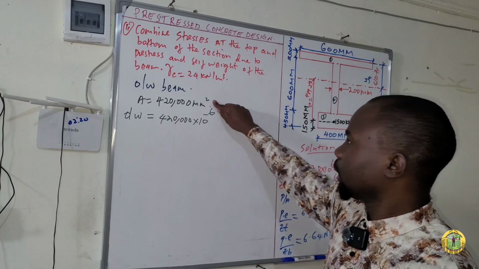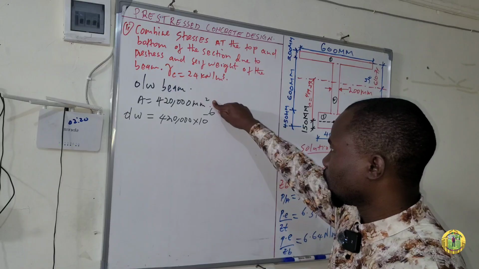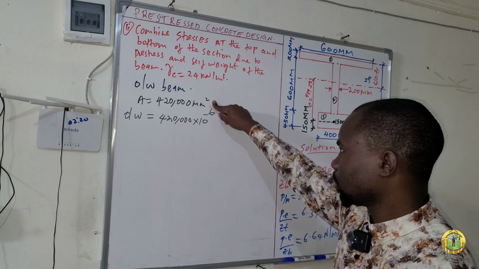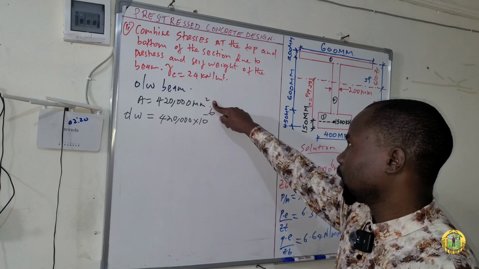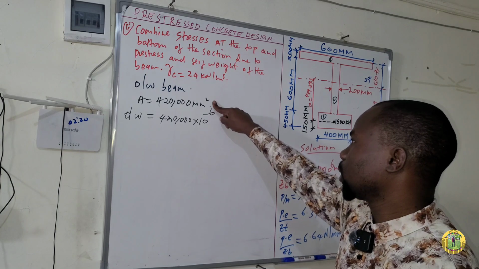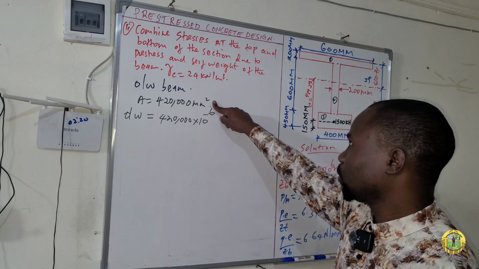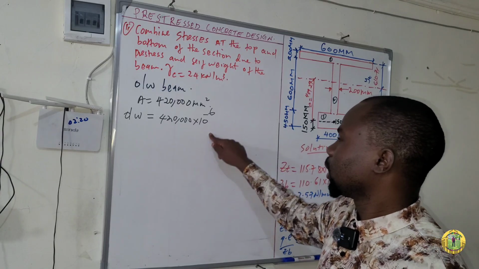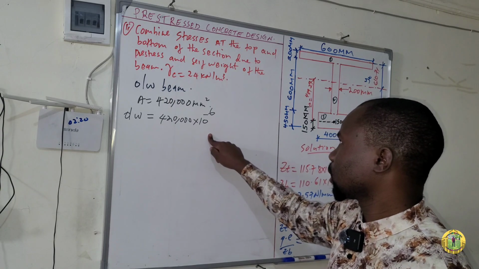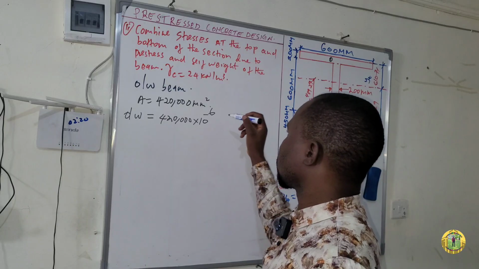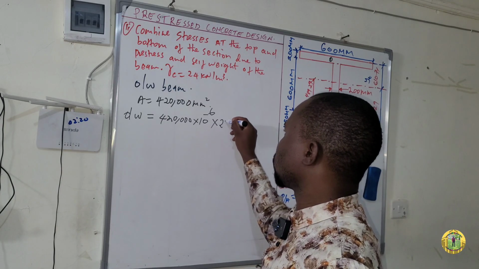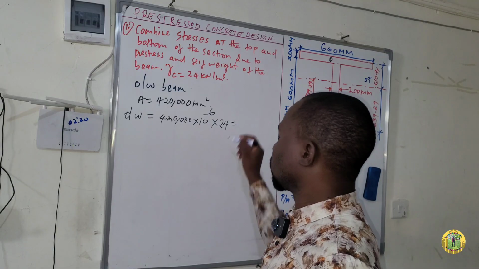Because we are changing from millimeter square to meters square. 1,000 millimeter is equal to 1 meter, so if you square 1,000, you get 10 to power of 6. Times the density, or the unit weight, which is 24.